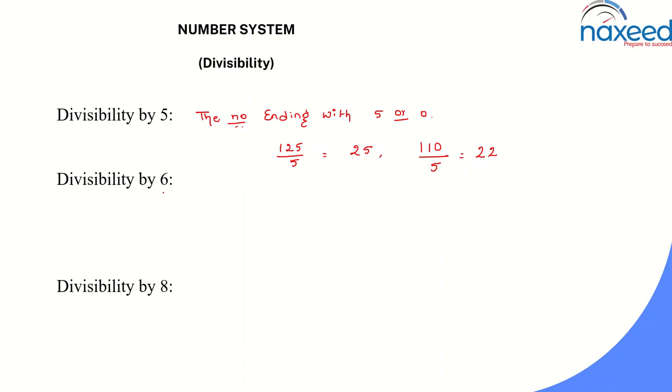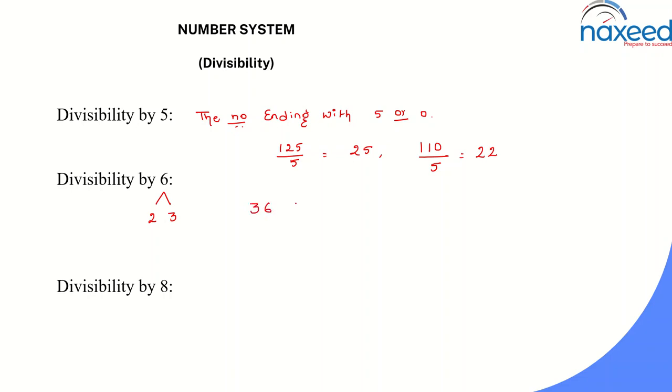Divisibility by 6. This 6 is a factor of 2 and 3. That means if the number is divisible by 2 as well as 3, such numbers are divisible by 6 also. We know that a number divisible by 2 is an even number, and for 3, the sum of the digits is divisible by 3. Take an example here, 36 is a simple example.